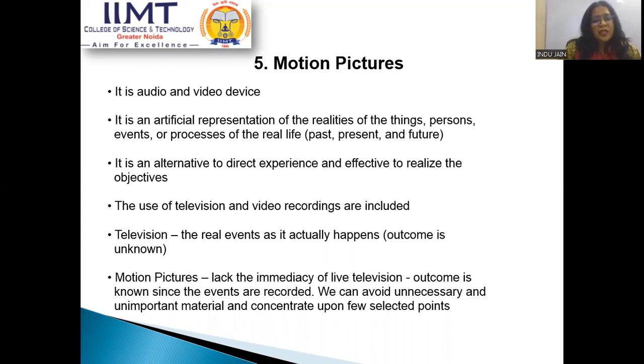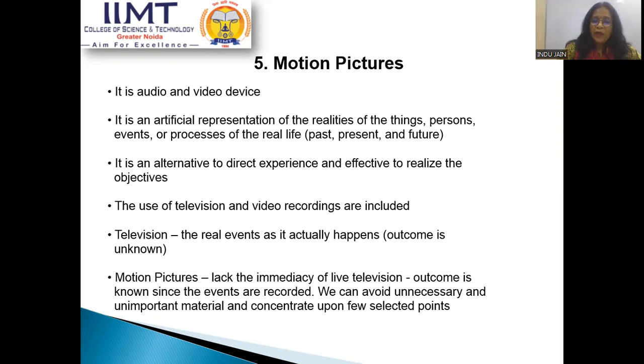Basically, it is an artificial representation of the realities of things, persons, events, or processes of real life, that is past, present, or future. It is an alternative to direct experience and effective to realize the objectives. It is quite true.